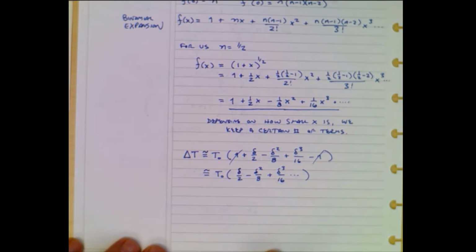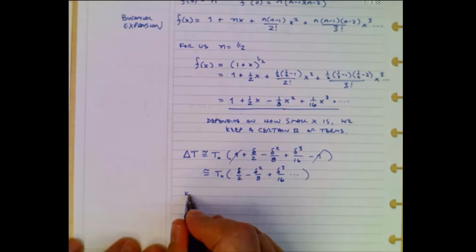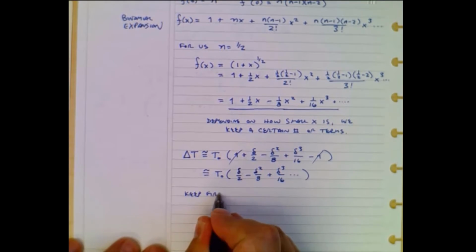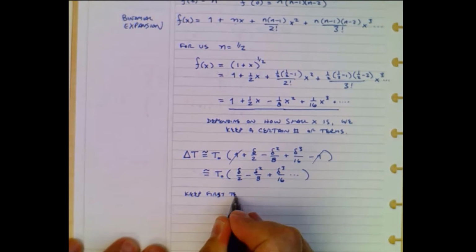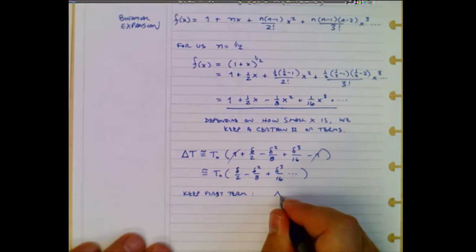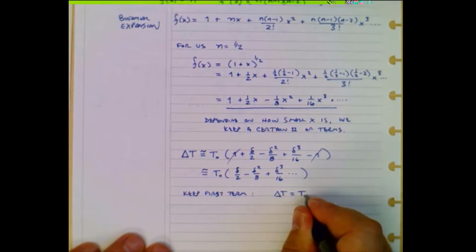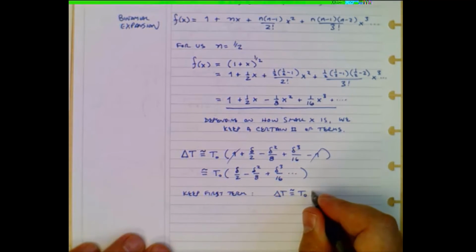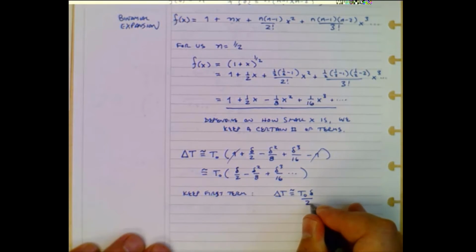All right. Let's check what happens if we keep only the first term. So keep first. Delta t, therefore, is approximately equal to t naught times delta over 2.